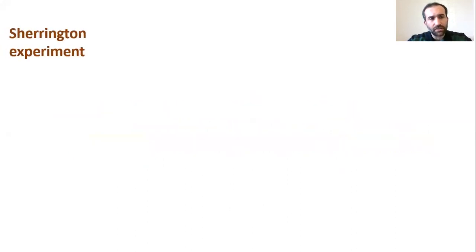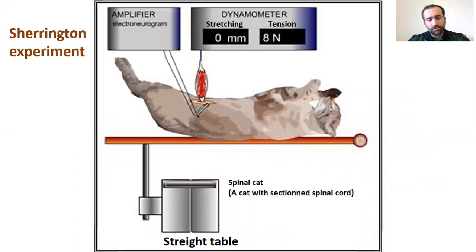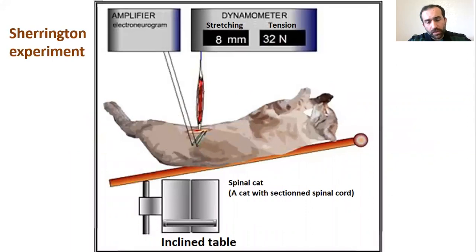First, the nerve center. The Sherrington experiment indicated that the stretching of the muscle is responsible for the contraction obtained.